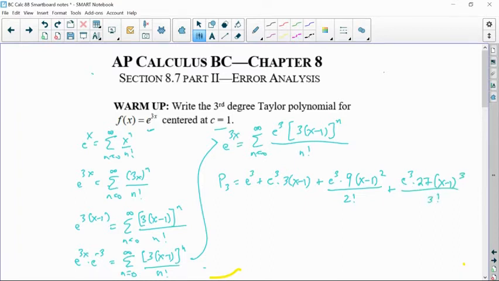And again, AP exam does not care that you don't simplify. You could leave things just like that and you'd be fine. So I thought that was a good problem.